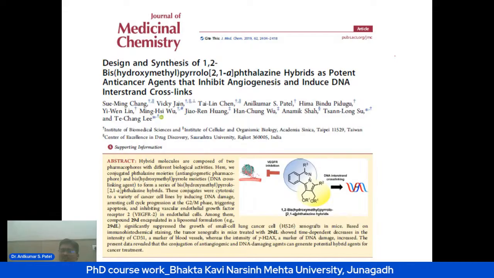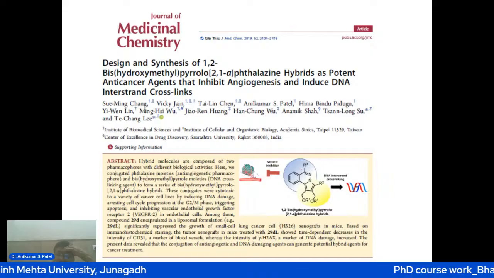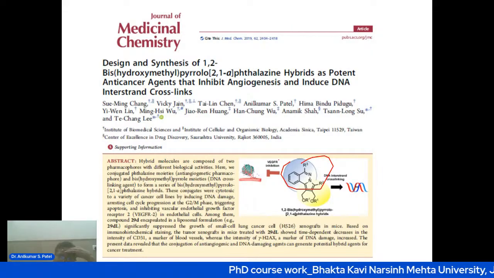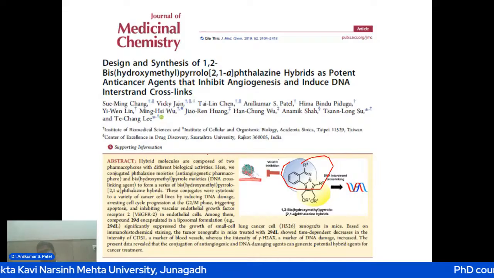This compound has very good activity, however the problem is its lipophilicity. So we have designed new molecules to improve their lipophilic property.